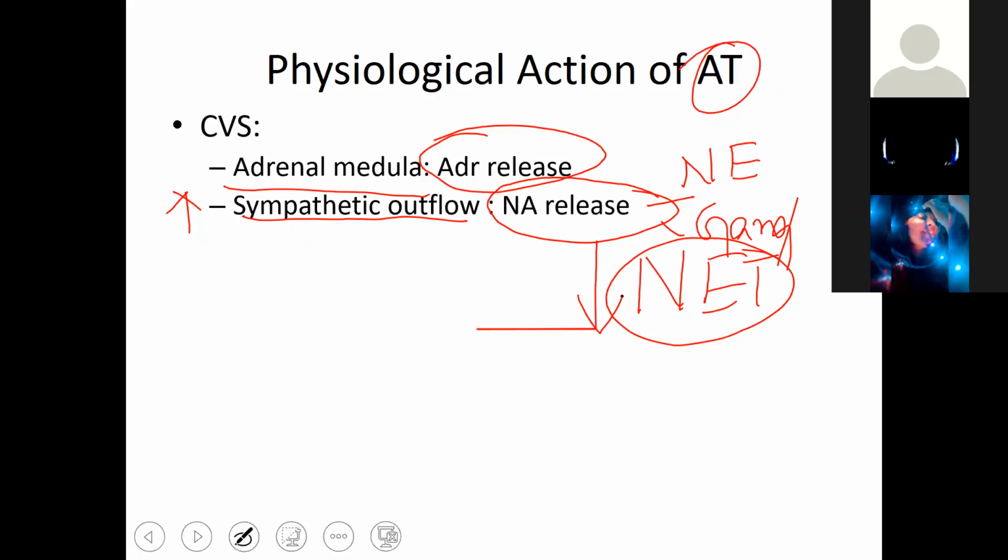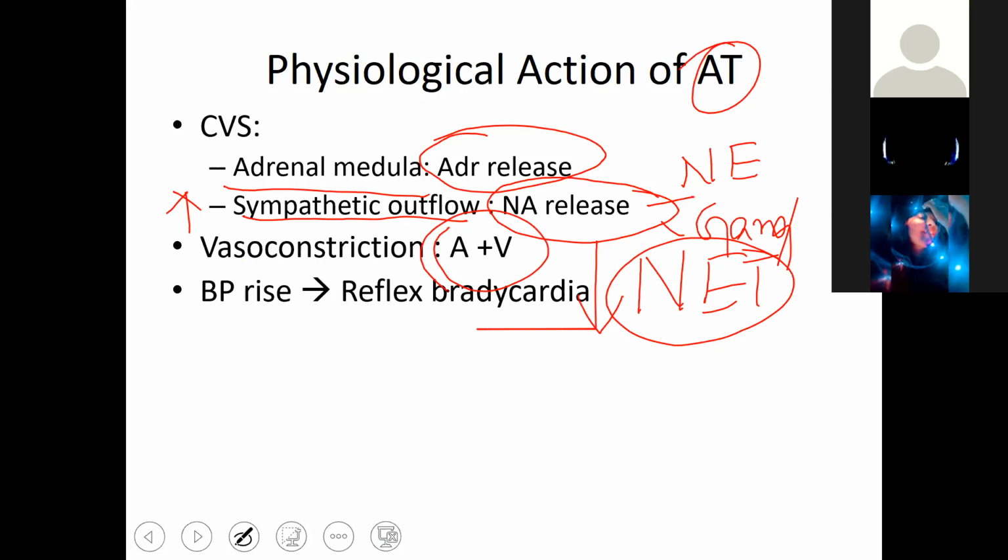So there is decreased reuptake of the noradrenaline which has already been released. So there is a prolongation as well as potentiation of the action of the noradrenaline. Next, because it is angiotensin, it causes smooth muscle contraction. It increases the blood pressure, and the vessels, both arteries and veins, are constricted, and there is a rise of the BP.